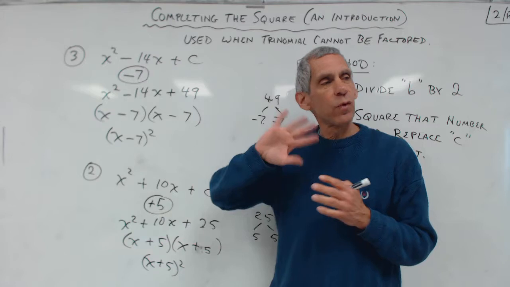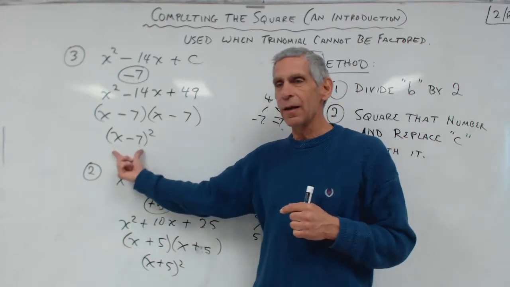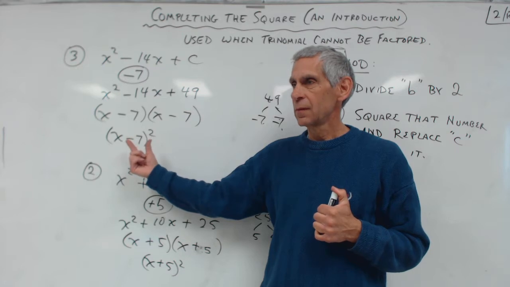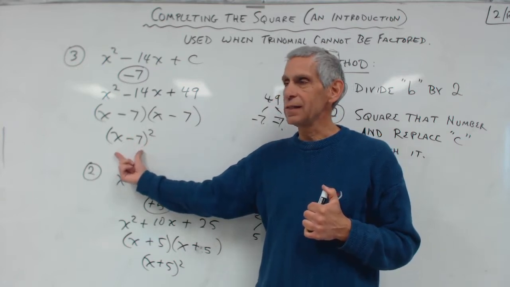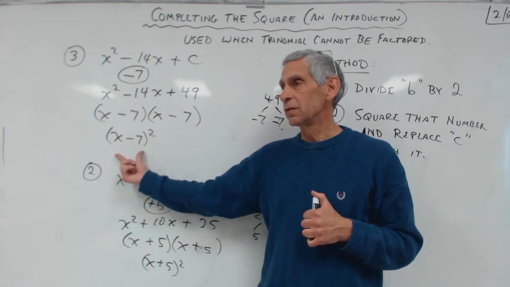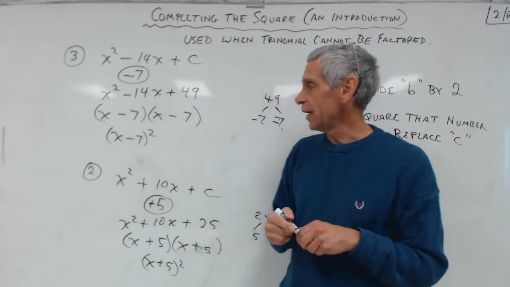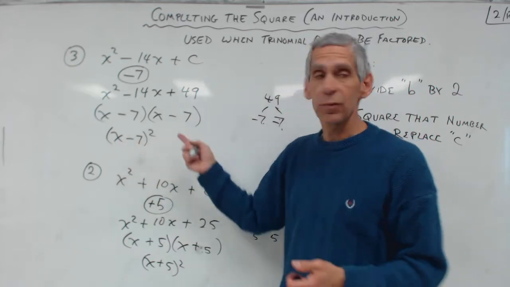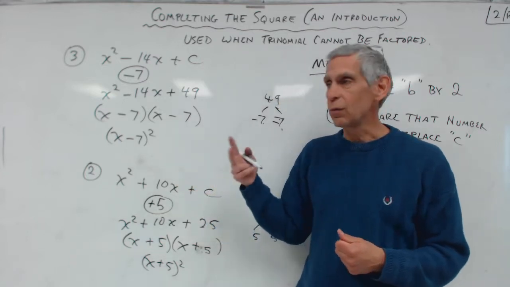The one thing I just want to mention about this is a lot of people, when they see something written like this, forget what it actually means. A lot of people would say, what is x minus 7 squared? Oh, well, it's x squared plus 49. Do you see what's wrong with that?